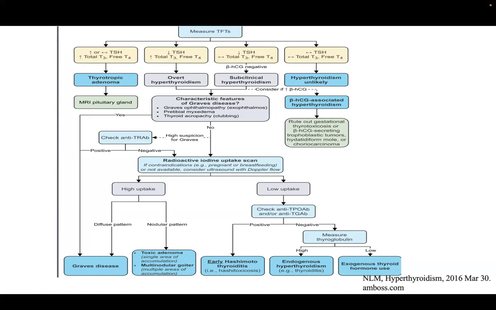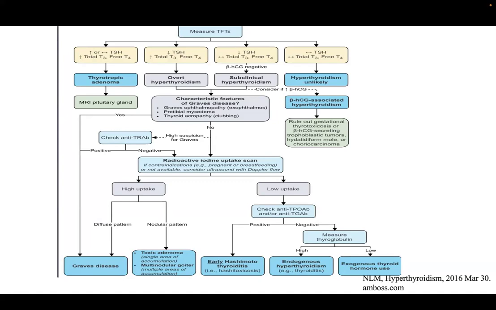Whereas if there is a high uptake in a nodular pattern, then we can suspect toxic adenoma or multinodular goiter. Furthermore, if there is low uptake, then we check the anti-TPO or anti-TG antibody levels. If it's positive, then we can suspect Hashimoto's thyroiditis.